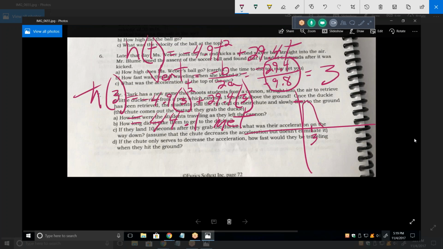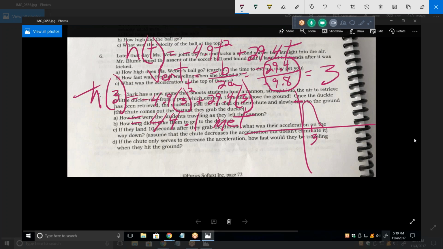Why did she say, be careful, the time to the top may get you? I'm not sure. I'm missing something in this problem. Late that day, Mrs. Weber joins the fun and kicks a second soccer ball straight into the air.